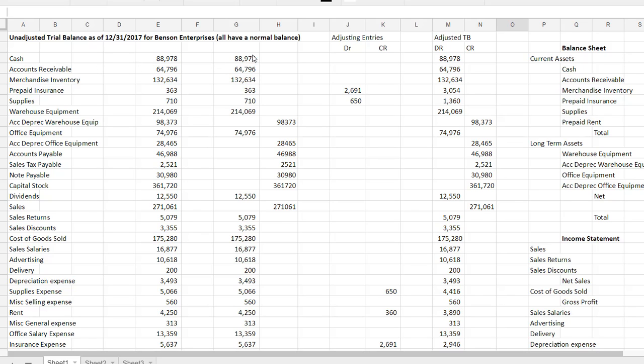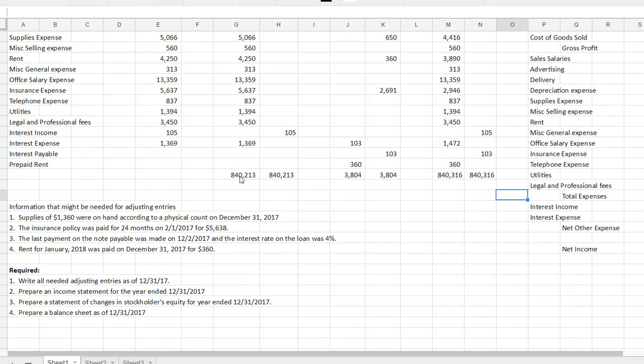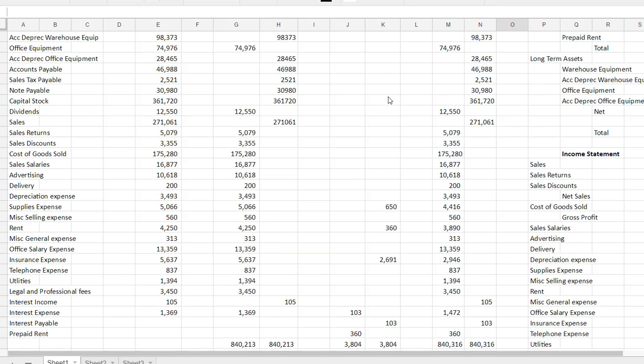So cash is on the debit side and so forth, so that we make sure that we start with a trial balance of balances, and as you can see, it's 840,213 and 840,213 debits and credits. So there's where the normal balance should go for each one of those accounts.